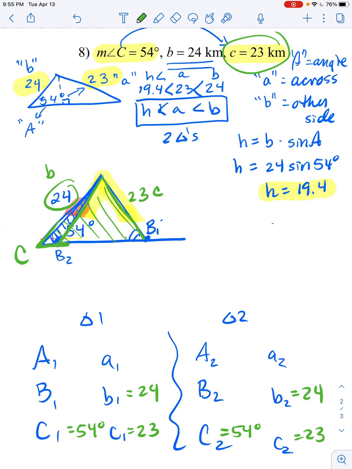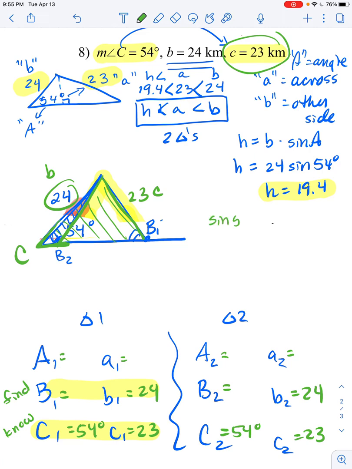All right, so when you're using law of sines, which is what we're doing, law of sines, ambiguous case, you need to know 3 out of the 4 things. So at that point, you have to say, okay, this is what I know and this is what I can find. This should not be new to you because we did this before and after break. So I'm going to set it up.